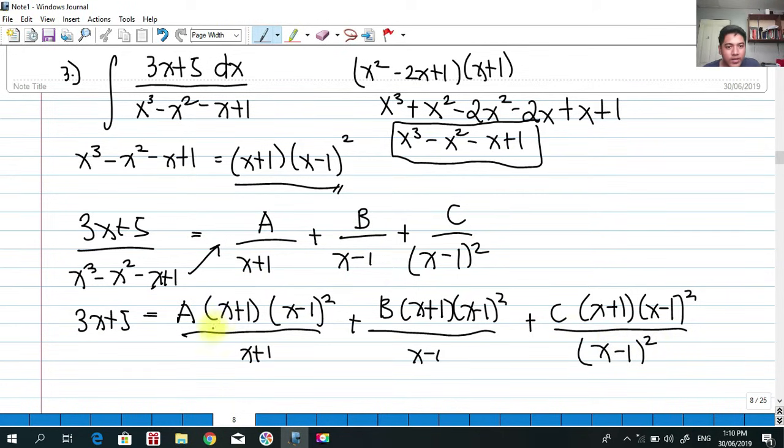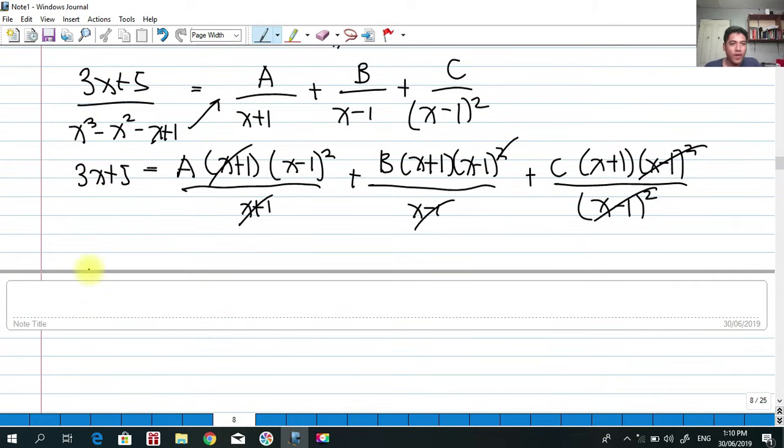As you can see, this would cancel out. So one x minus 1 will cancel out here, and x minus 1 squared will cancel in here. Our goal again is to find the values of our unknowns, which are a, b, and c.